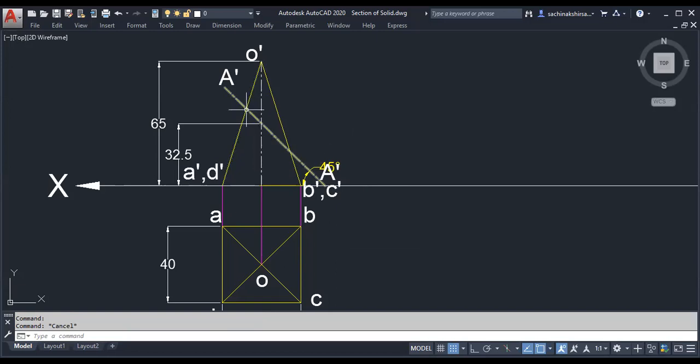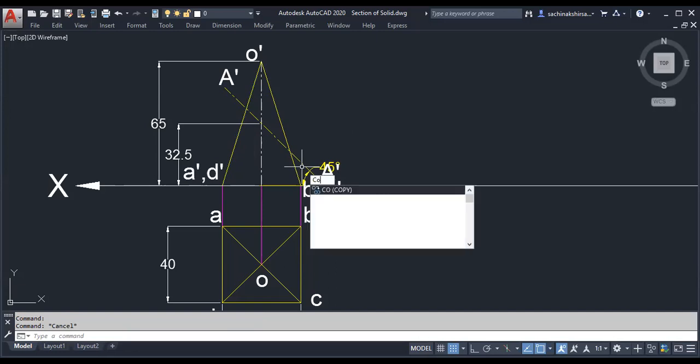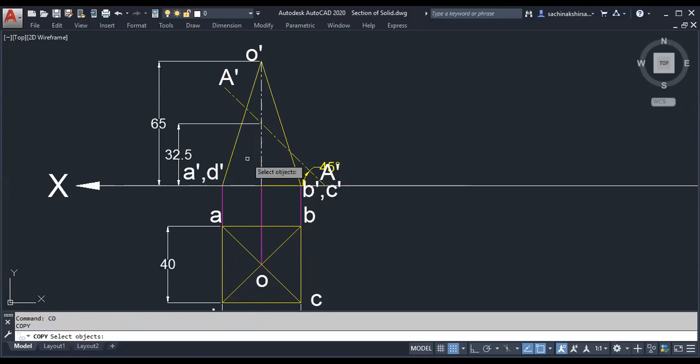How many inclined edges are there? 2. Which are they? AO and DO. So 2 edges are there.